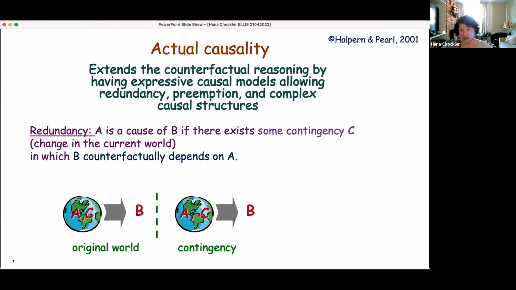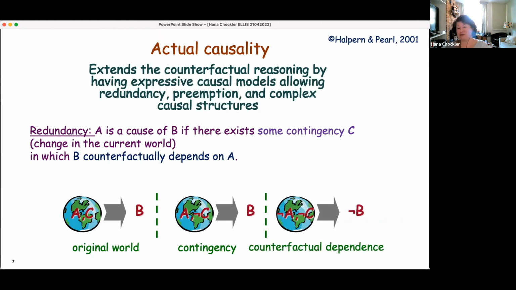So A still holds and B still occurs, but now in this modified world, B actually does counterfactually depend on A. Now if we turn off A, if A doesn't happen, then B wouldn't happen either. So it's taking the current situation and bringing it to the edge, so to speak, to the counterfactual dependency.